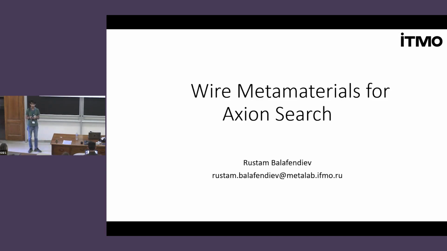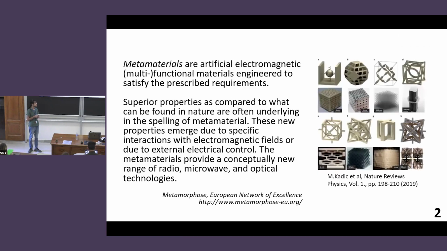To start with, the definition of a metamaterial is basically an artificial electromagnetic material. They typically consist of unit cells or molecules, which allow us to design specific parameters or features in materials which are not achievable in natural materials.